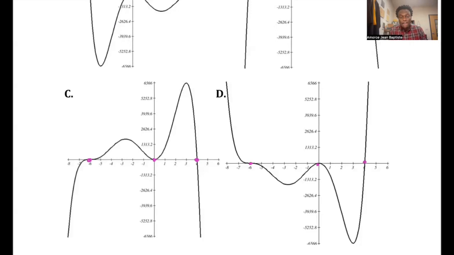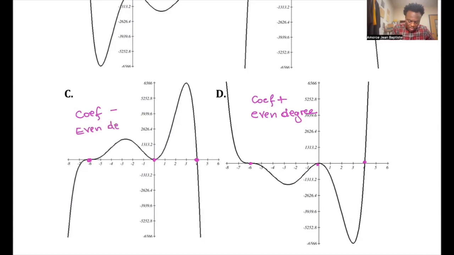Now we're going to use the end behavior to determine which one of C or D could be the answer. And the difference is what? We see that both sides look up in one and both sides look down. That means this one has a positive coefficient and even degree, and this one says the coefficient is negative and even degree.